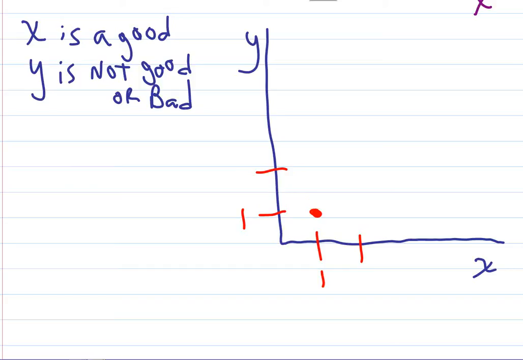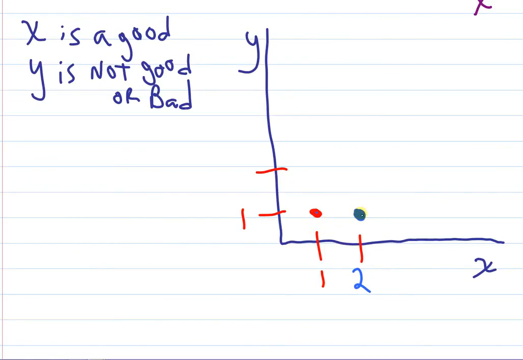Let me draw a blue point. Now, this is 2 units of x and 1 y. Is the blue point going to be better than the red, or indifferent, or can you not tell in this situation? Well, the answer is that the blue is going to be better than the red because x is good. More x makes you happier.